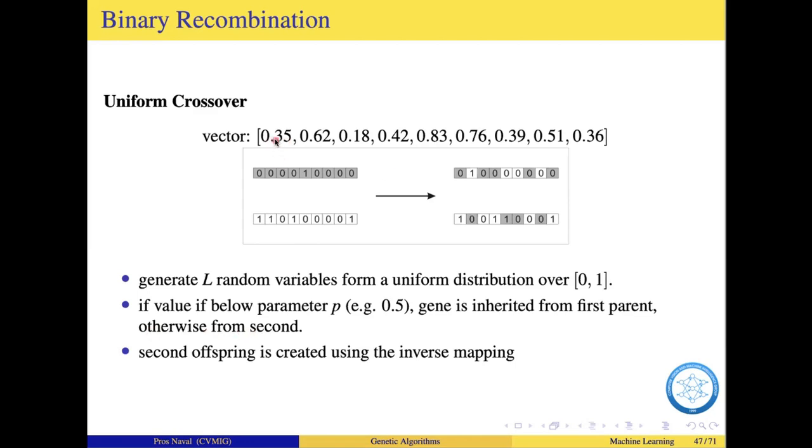So for example here, if p is equal to 0.5, this is less than 0.5, less than 0.5, greater than 0.5, so we inherit the second parent's gene. Here we inherit the first parent's gene because it's less than 0.5. This is greater than 0.5. Therefore, we inherit the second parent's gene and so on. So this is what will come out.